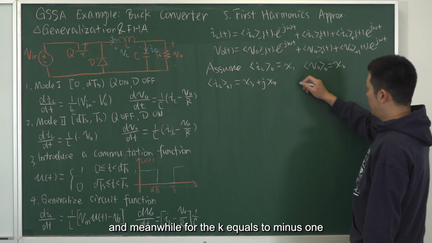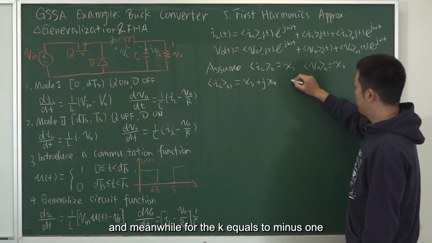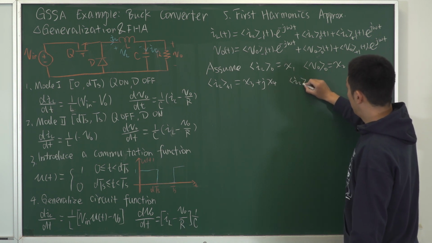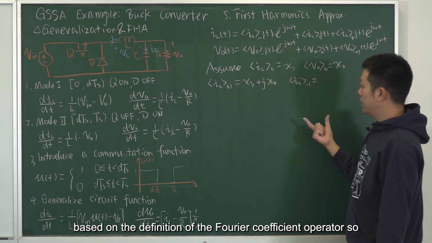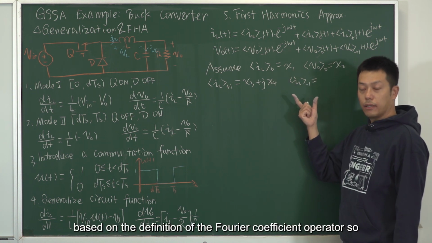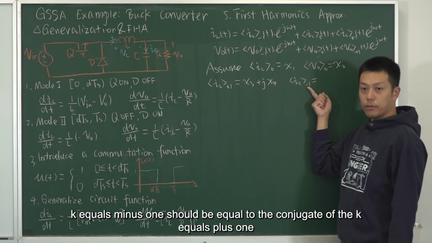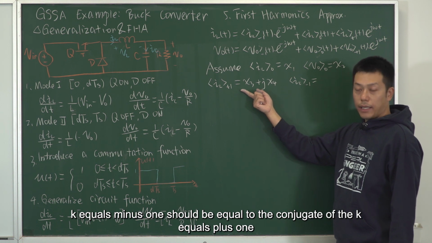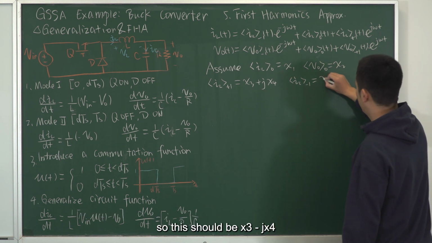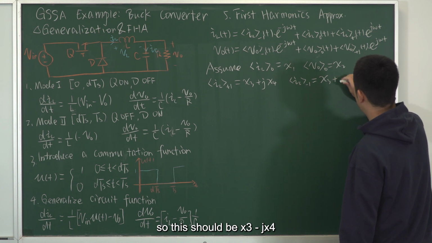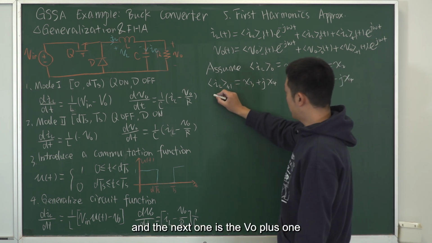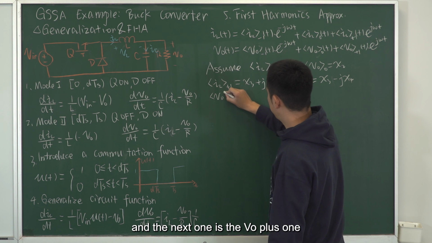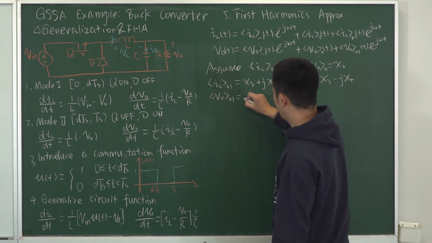And meanwhile, for k equals minus 1, based on the definition of the Fourier coefficients operator, it should be equal to the conjugate of k equals plus 1, right? So this will be x3 minus jx4.